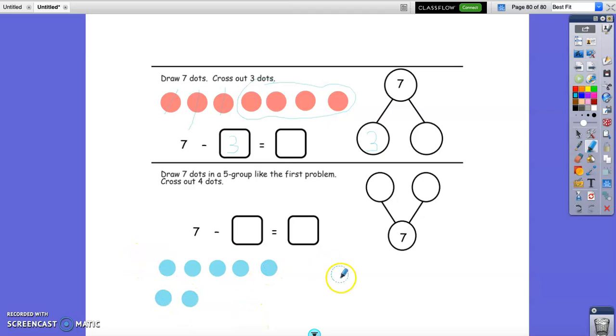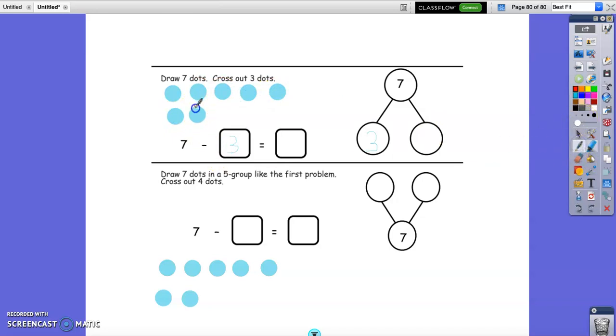You remember we always put 5 on a row. I should have done that up here. Let me erase that and do it the right way. So whenever we're drawing, we make 5 to a row. It helps us count easier. So that was 7. And then I'm going to mark out 3 of them. 1, 2, 3. And then I circle what I have left.